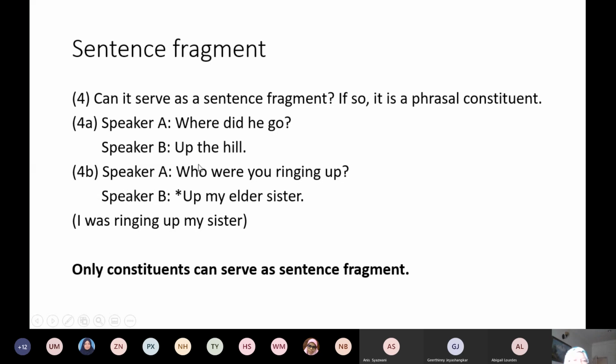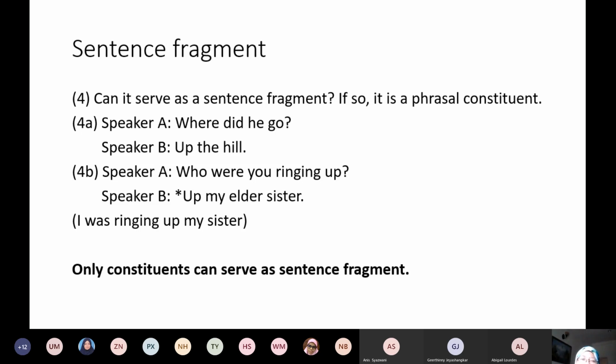If the constituent that you're testing is answering the question, then it is a constituent because it is grammatical. Pragmatically also, like you are talking, you are asking a question and it's answered by the answer lah.